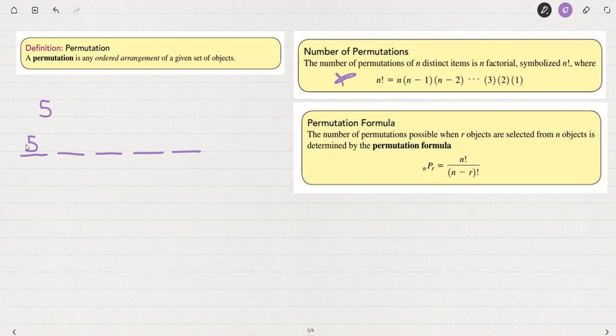Any of the 5. Once one of them's already first, how many can be second? There's 4 left. There's 3 left who can be third, 2 who can be fourth, and only 1 student could still be last. Notice that that's the same as 5 factorial.